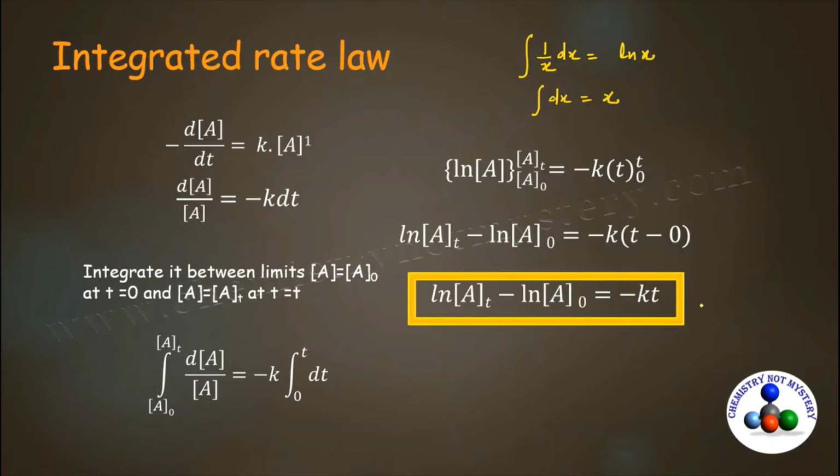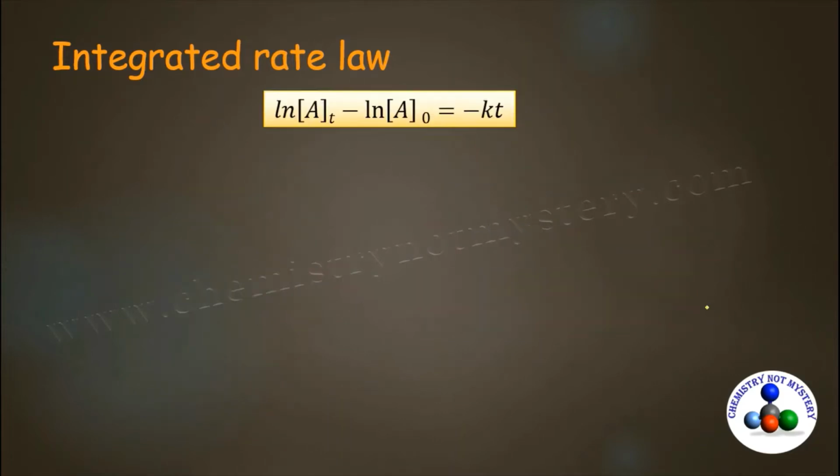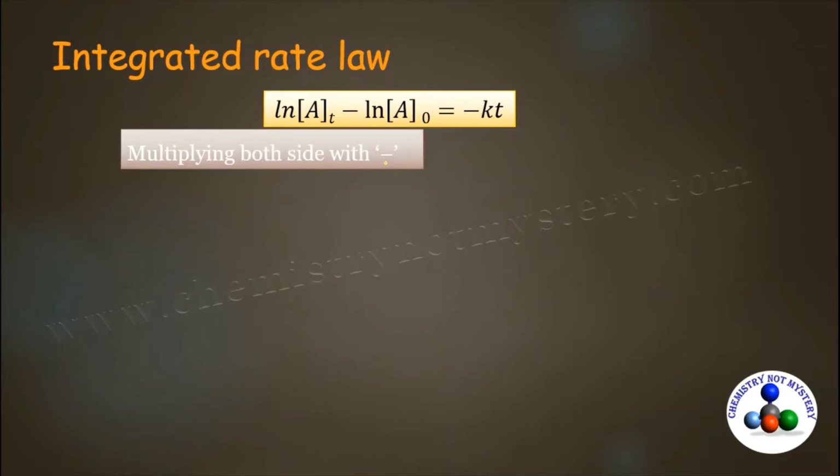We will get different forms of this integrated rate law. So let's see what are these forms. If you multiply both sides of the equation by a negative sign, we will get minus ln At plus ln A0 is equal to kt. Rearrange this equation. So we will get ln A0 minus ln At is equal to kt.